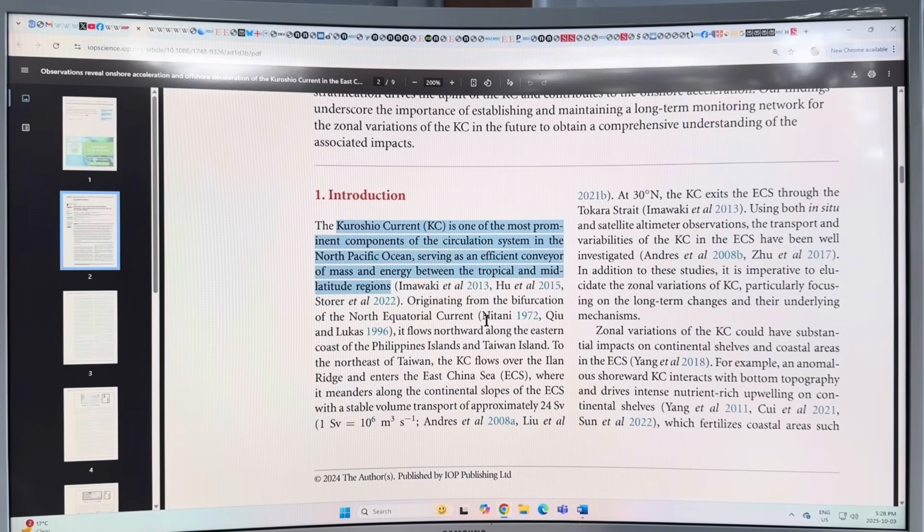And they talk about how it's originating from the bifurcation or splitting of the North Equatorial Current. It flows northward along the eastern coast of the Philippine Islands and Taiwan Island. To the northeast of Taiwan, it flows over this ridge, enters the East China Sea.